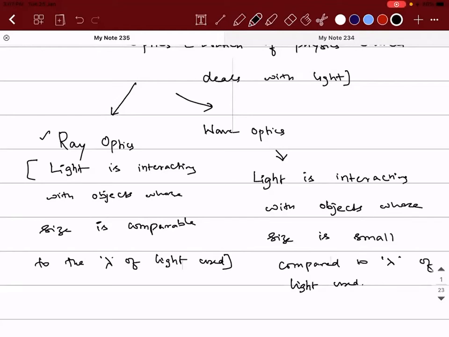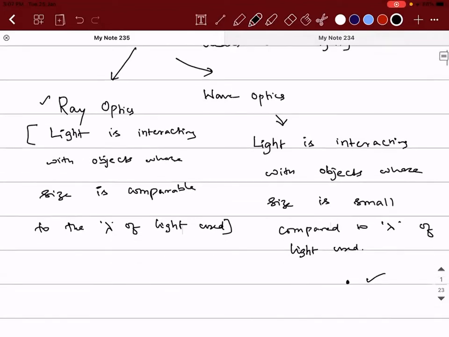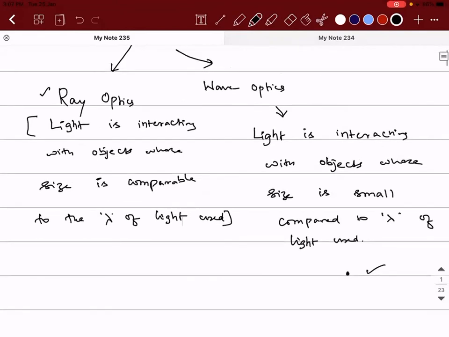Means if the light is going to interact with very small obstacles like small openings where those opening size is going to be very much small compared to that of the wavelength of the light that you're going to use, under that scenario, the branch of physics that comes into picture is wave optics. Please make a note of this point.